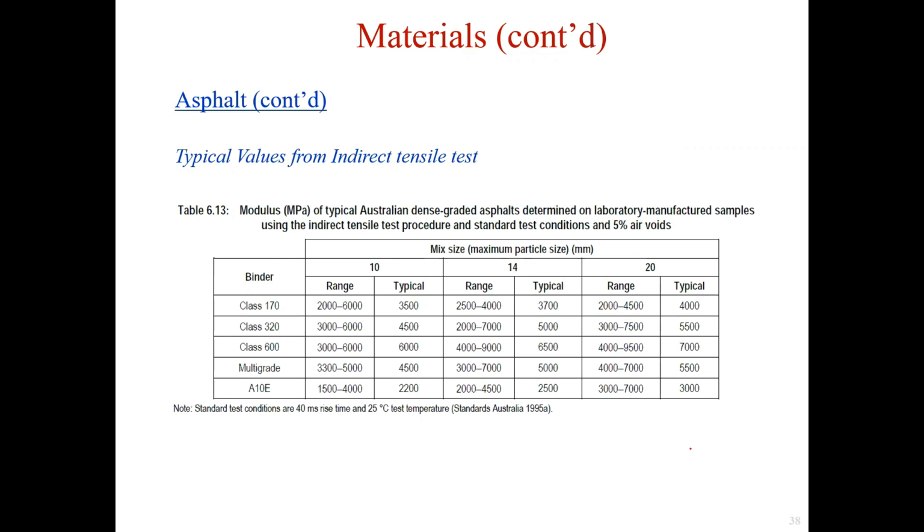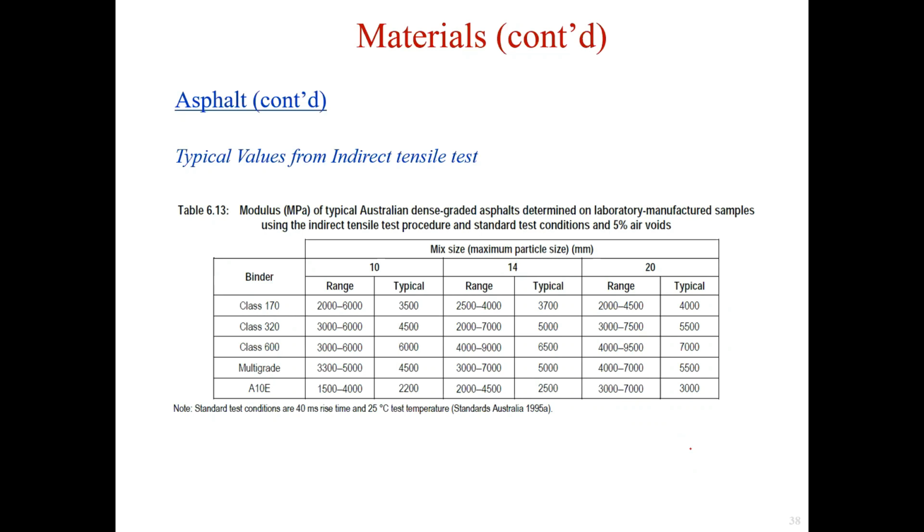Table 6.13 presents modulus values from the indirect tensile test and the standard test conditions for typical dense graded asphalt mix used by Austroads member authorities. The results are for laboratory manufactured samples with the likely range of values together with typical recommended values.